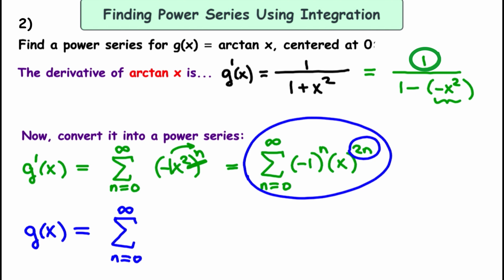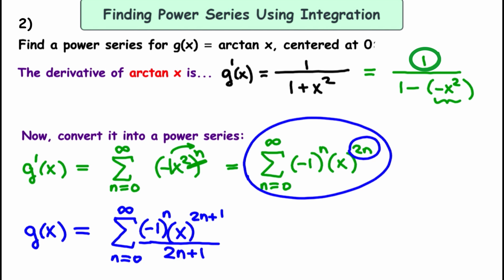It's still a power series, but this time it's going to be x to the 2n plus 1. We have to divide by the new power, so there's going to be a 2n plus 1 in the denominator. And believe it or not, it's still going to be negative 1 to the n, not to the n plus 1. And the reason why is because we shifted over by one term, that plus c can take an effect. And so that's going to be it.